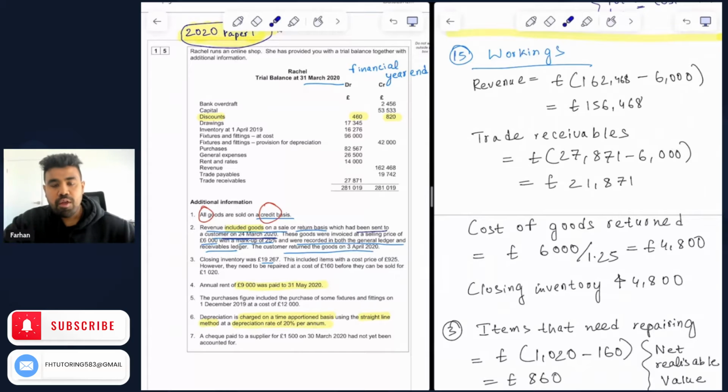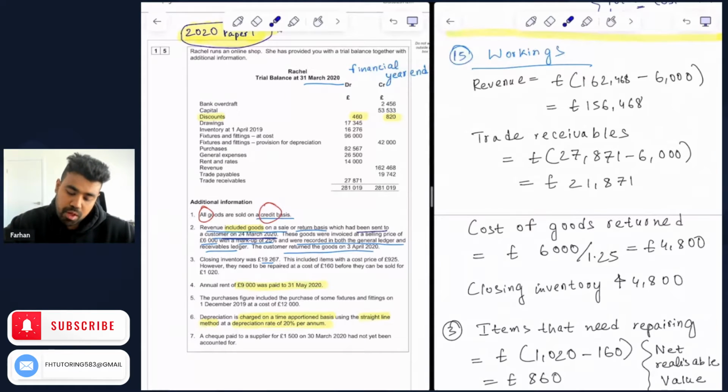We also know that the customer has returned these goods on 3rd April 2020. Although 3rd April 2020 falls in a new financial year, the return relates to the sales which has been done in this financial year ending 31 March 2020 and therefore must be adjusted appropriately when preparing the numbers.